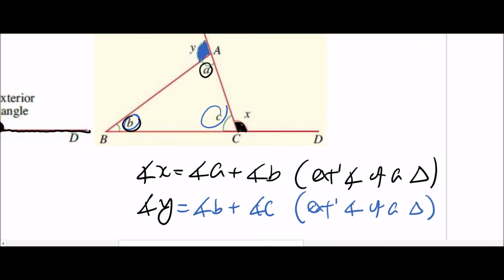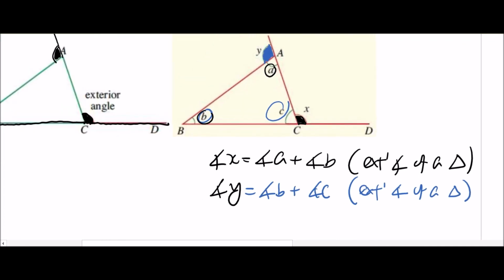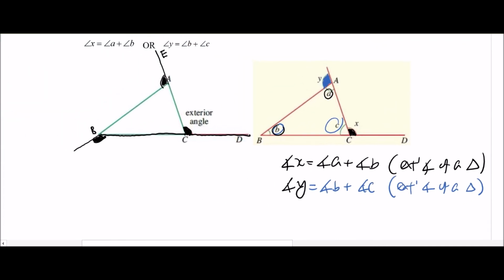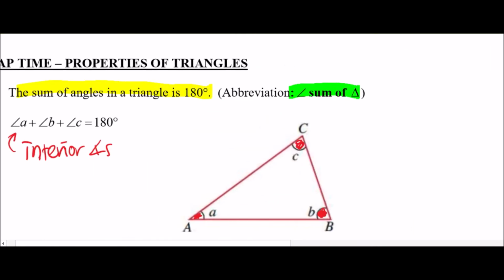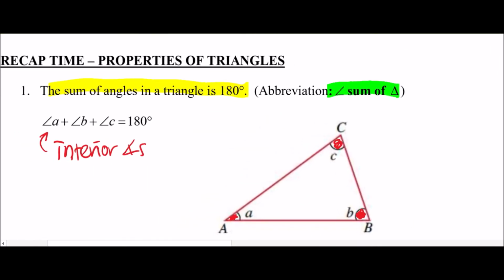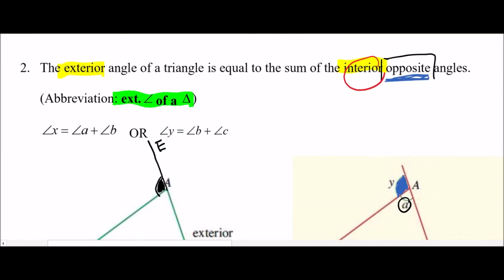And we are done. So this is one property of triangles that we need to learn. Actually, this is the second one. The first one is the sum of interior angles in a triangle is 180 degrees, and then you have the exterior angle equal to the sum of the opposite interior angles.